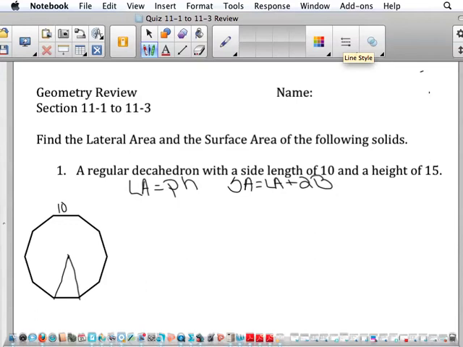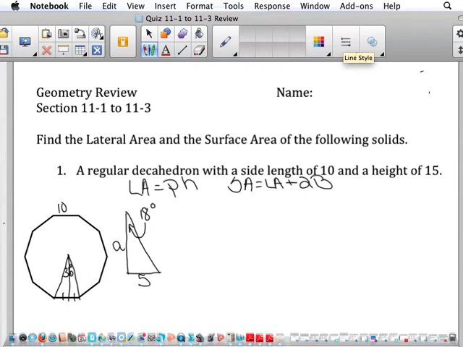I have 10 sides, so 360 divided by 10 gives me a central angle measure of 36 degrees. When I construct that apothem, I draw that triangle over here and bisect that central angle, so this angle measure becomes 18 degrees. It also bisects the side of the base, so this would be 5, and I need the apothem.